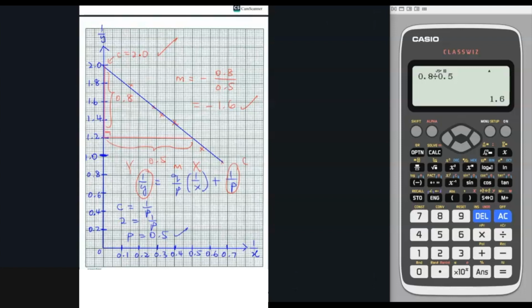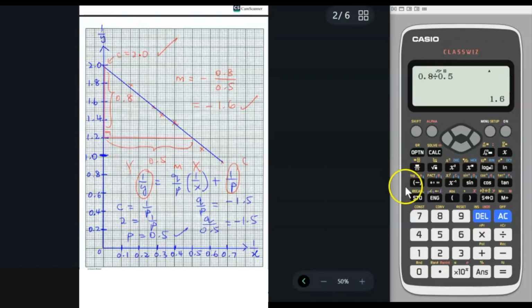Now we are going to find Q. We are going to use the gradient because there's a Q in the gradient, Q over P. So Q over P equals the gradient that we got just now, negative 1.6, and we already have our P, which is 0.5. So just sub in 0.5, equals negative 1.6.